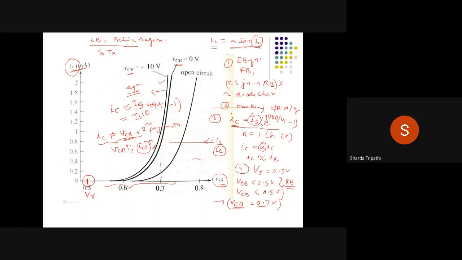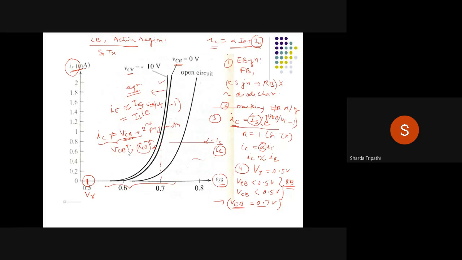So even if this increases by some value, this is not going to make much difference to this IC. That's why whenever we write the equation for IC, we do not consider VCB, and we say that for all practical purposes, the collector current is independent of the output voltage or the voltage drop across the second PN junction. So this is for practical purposes.